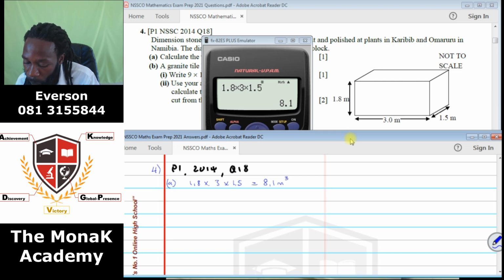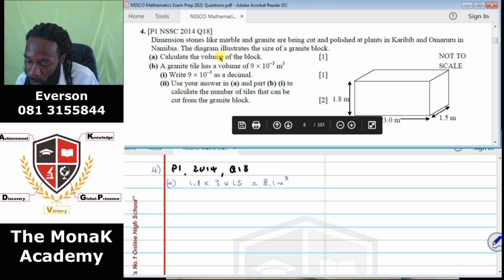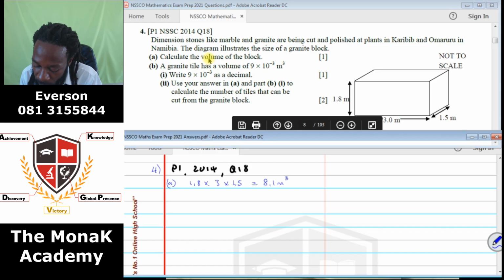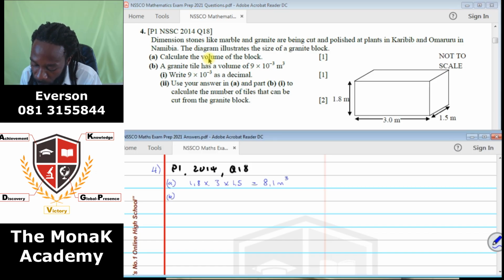From there, we are told B says a granite tile has a volume of 9 by 10 to the power negative 3. Write 10 to the power negative 3 as a decimal number.